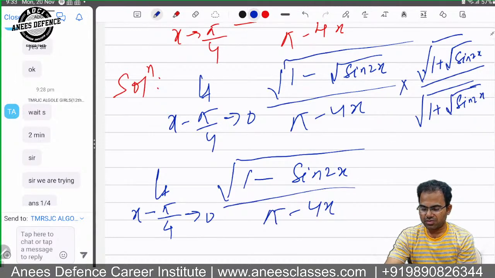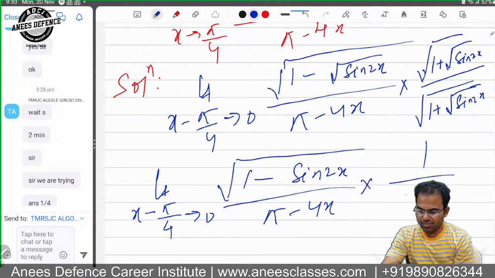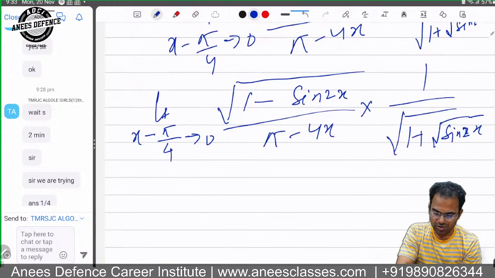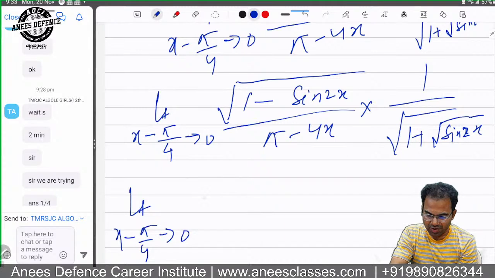And here under root 1 plus under root sine 2x. Limit x minus pi by 4 tends to 0.